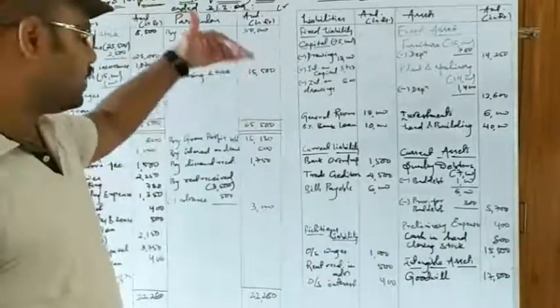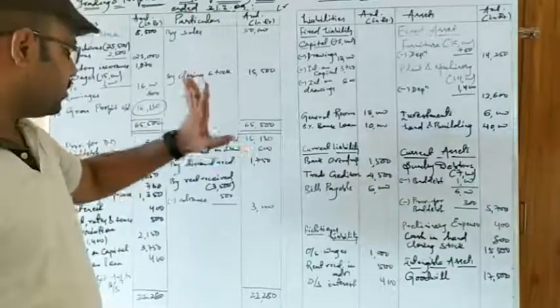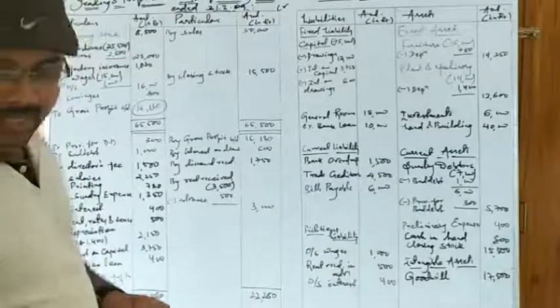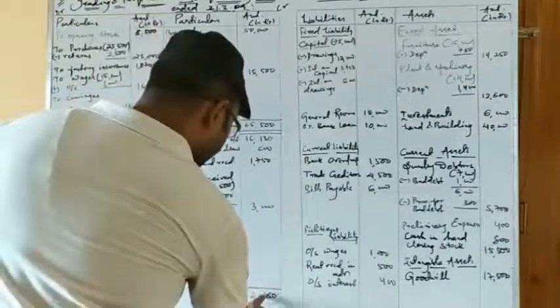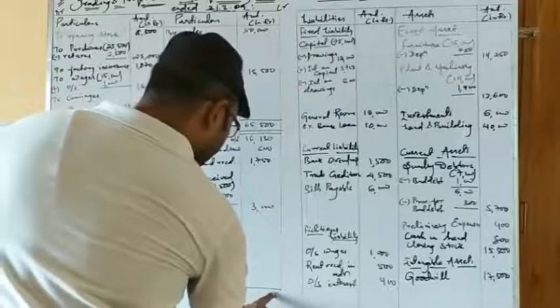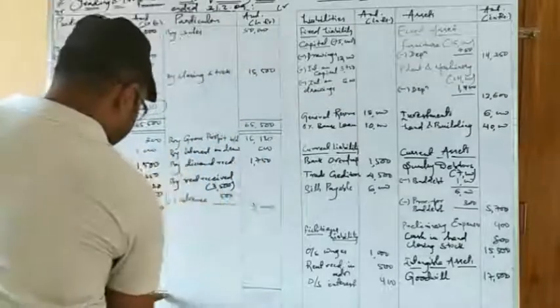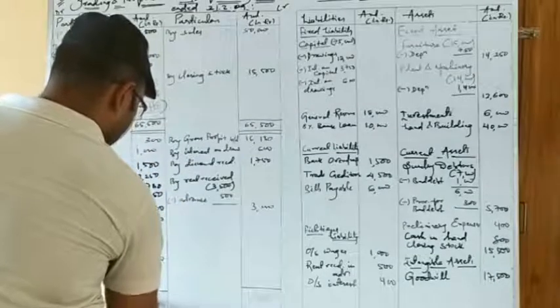Others will make the mistake, likewise we did in this question now. Okay, so the gross profit here is 16,130, and so this total will again be 800 less. So this will be 21,480. Okay. So I am making it again for you.